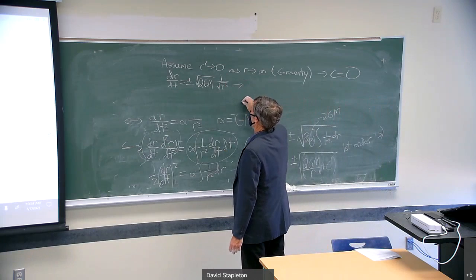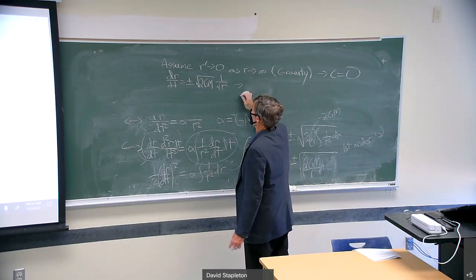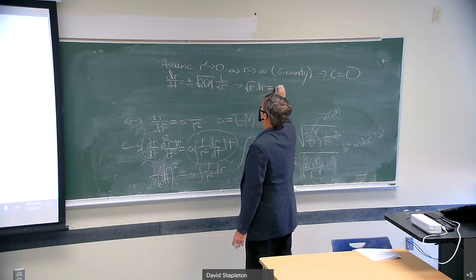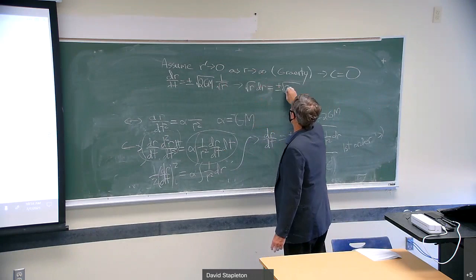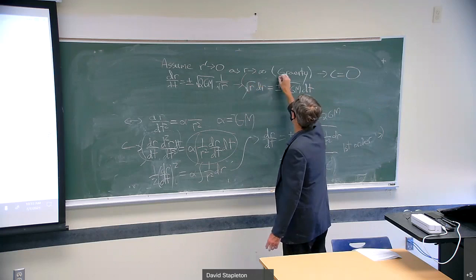Then you can integrate that and get r. Multiply by square root r: square root r dr is equal to plus or minus the square root of 2 GM dt, separating variables.